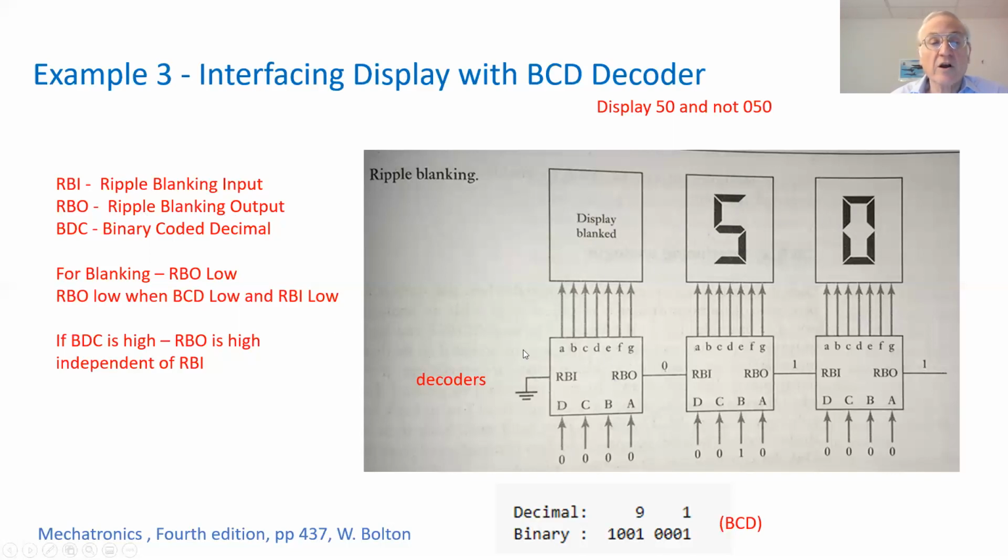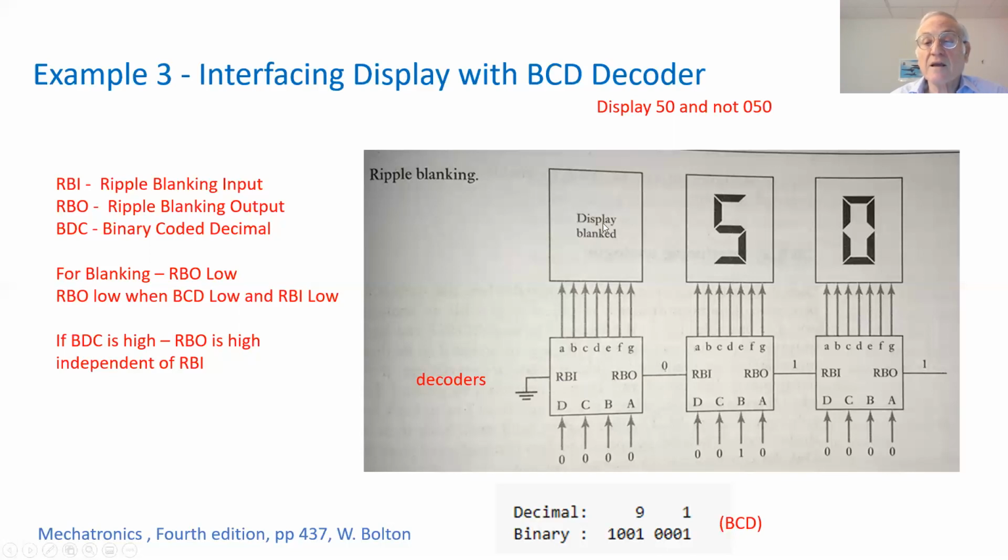So how does the blanking work? For blanking, the RBO has to be low. When this is low, we get the blank. But to get this RBO low, we have to have both RBI and BDC low. So both RBI and BDC must be low. In this example, both of them are low.